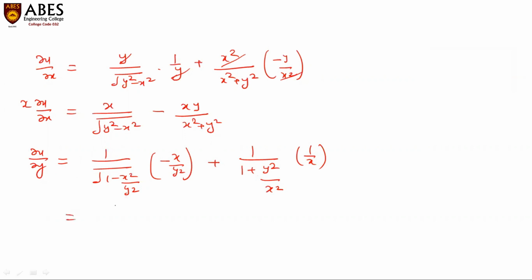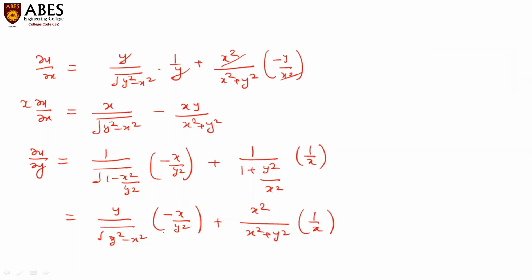Now we'll take LCM. Y by under root y square minus x square into minus x by y square plus x square upon x square plus y square into 1 upon x. We can cancel y and x. So this is the value of del u del y.